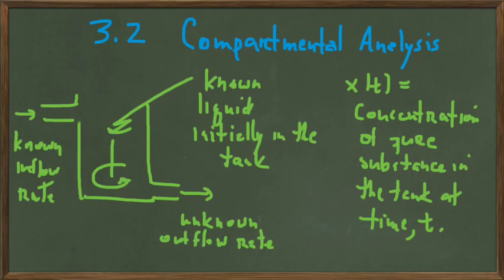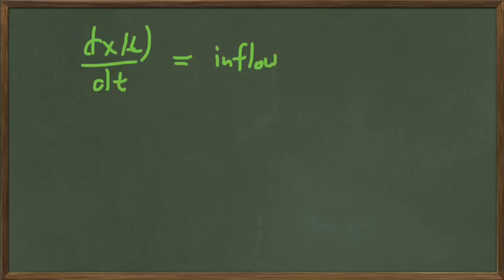What we do is set up a differential equation model that allows us to find x of t. That differential equation says that the change in the pure substance x of t as a function of t is equal to the inflow rate minus the outflow rate.